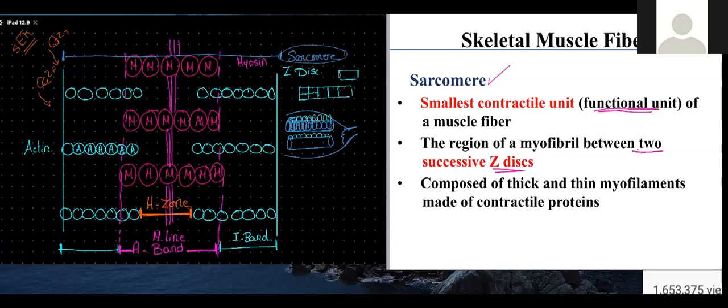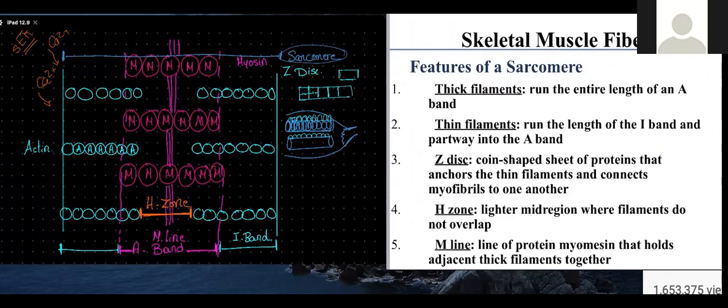Skeletal muscle is going to be formed of alternating thick and thin myofilaments that are made of contractile proteins. Thick filaments are going to be running the entire length of the A band, or what we call the dark band. This is what appears as a striation under the microscope.